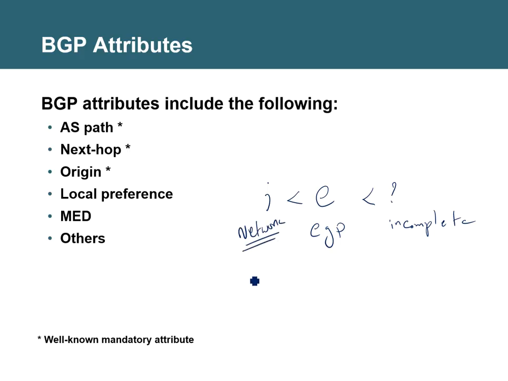When we advertise the network using the network command in BGP, it is shown as origin type I. When it is coming from EGP inside BGP, then it is E. If it is redistributed from OSPF into BGP, or static route into BGP, or connected interface into BGP, or some source into BGP, those routes will appear with a question mark.